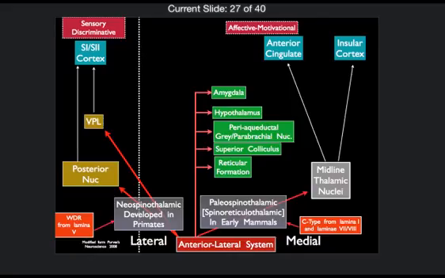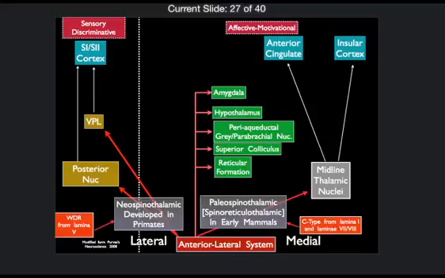Now, I always like to make things complicated, and this is taking the slide before and just making it a little bit more complicated, but redundancy is a good foundation for retention. If we look at the lateral portion of the anterior lateral nociceptive system, the neospinothalamic that developed in primates, that is predominantly WDR.